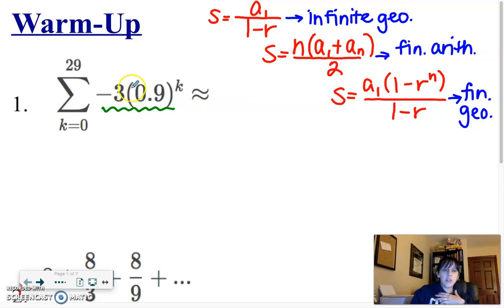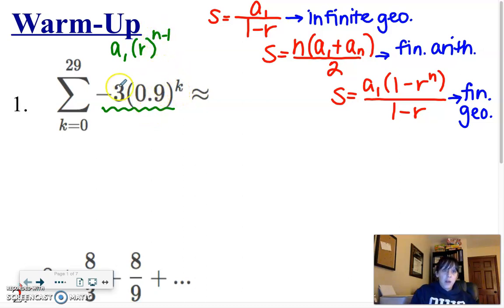Geometric sequences have an explicit formula where you have A1 and a common ratio raised to a power. Usually that power is n minus 1, but essentially it's being raised to a power that is changing.